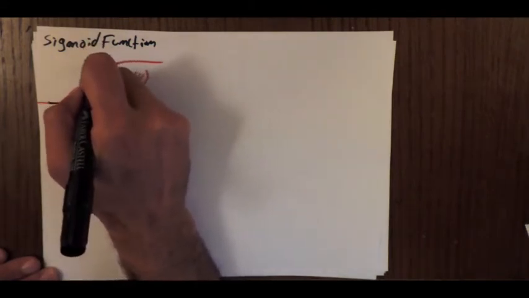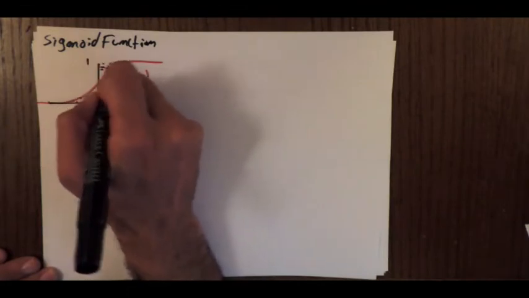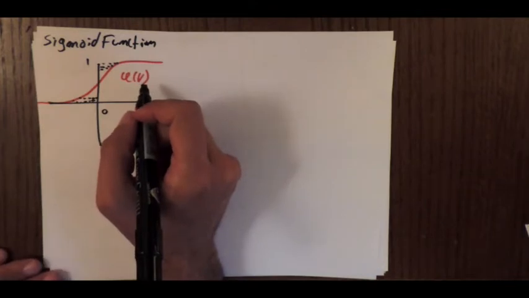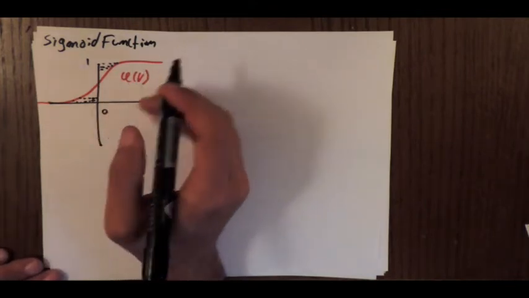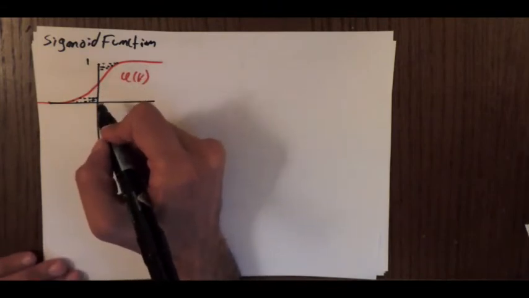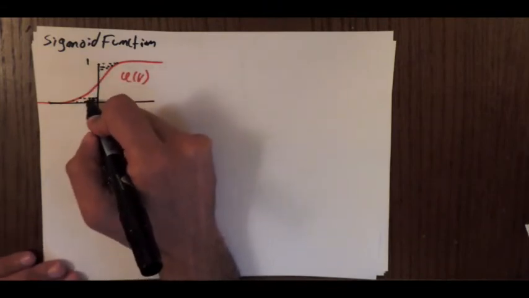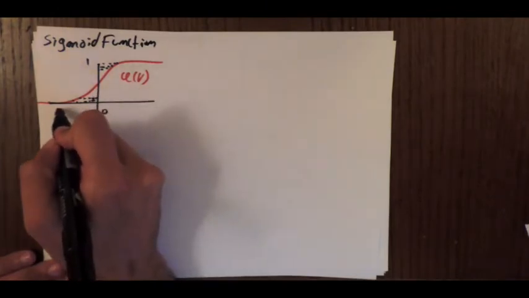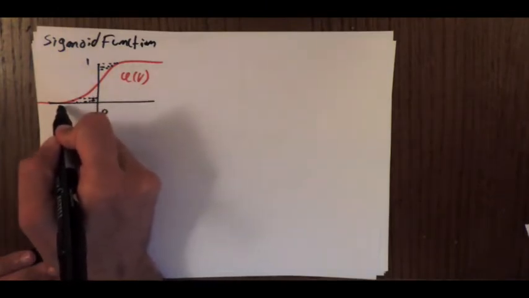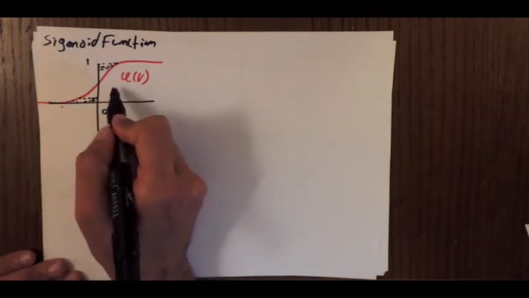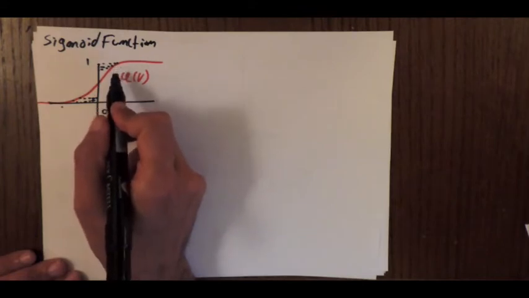And if I have values that are close to 1, it will give them a very large value. So I'm not going with two values, fire or not fire. I have many intermediate values. As I decrease my input, the values will be closer and closer to 0. As I increase my input, it will be closer and closer to 1.